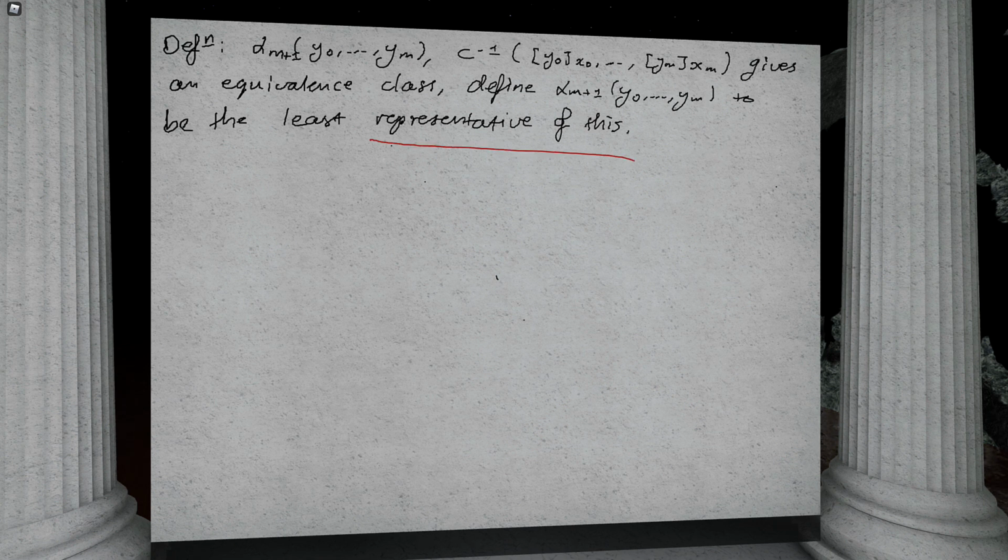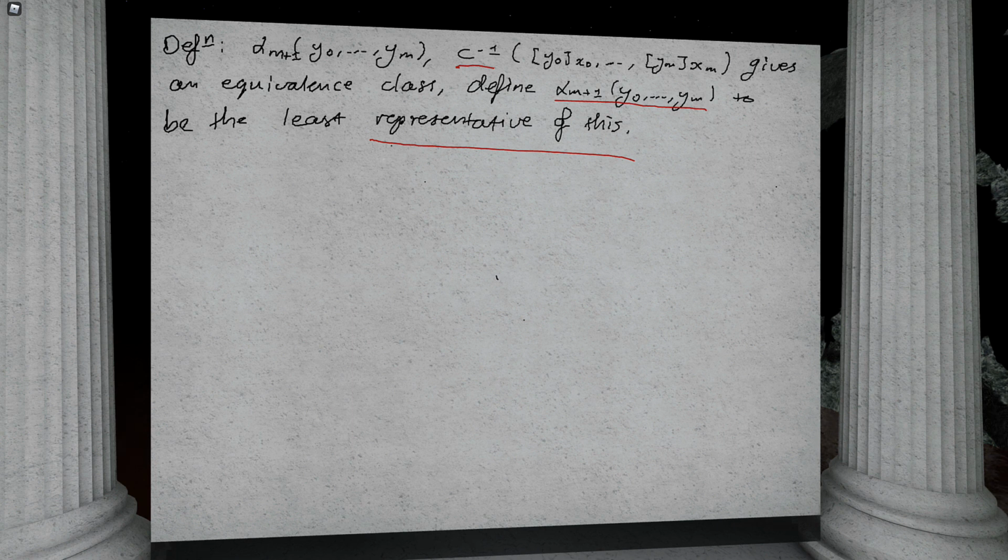But if I was just given this integer, alpha m plus 1 of y naught down to ym, some integer, call that d, then I would need to feed that through the function c in order to decode it. But c would have to know what x naught up to xm is.